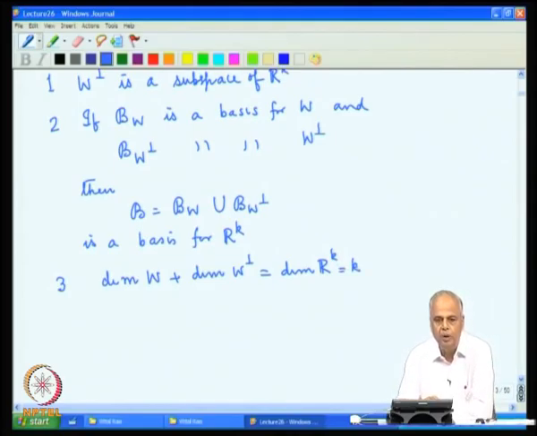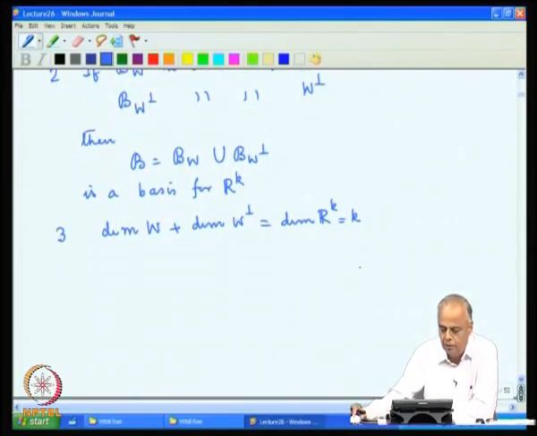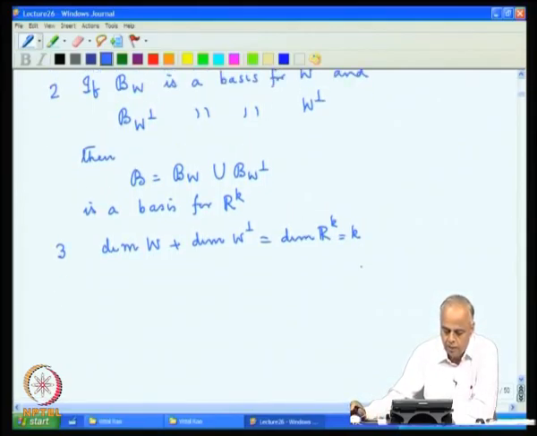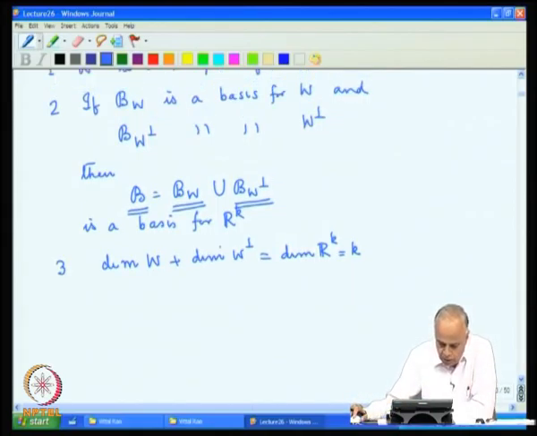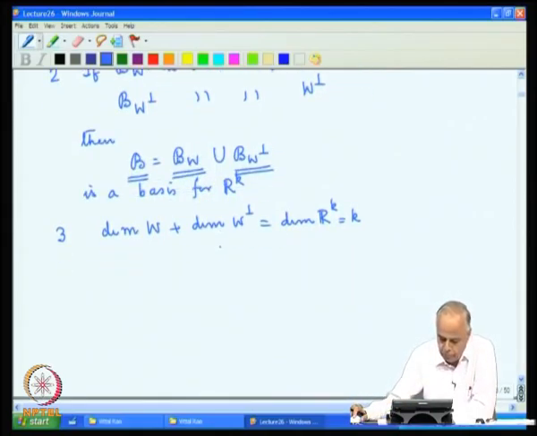So, the dimension of a subspace plus the dimension of its orthogonal complement is always equal to the dimension of the whole space, because the number of vectors in the basis of W plus the number of vectors in the basis of W perp gives the dimension of R k.